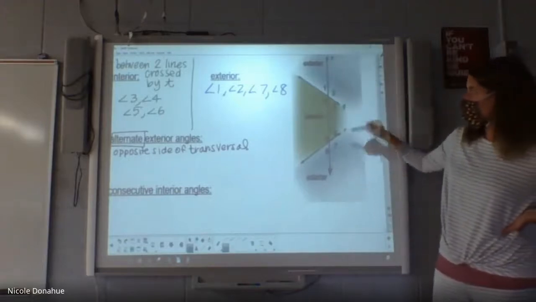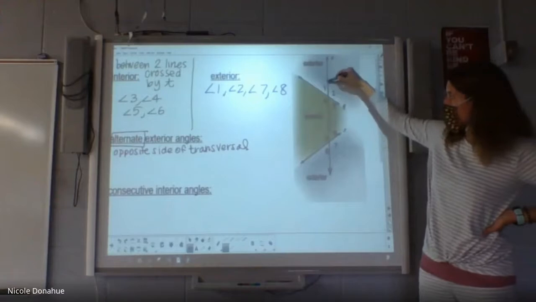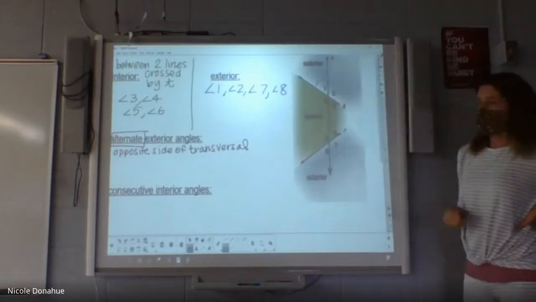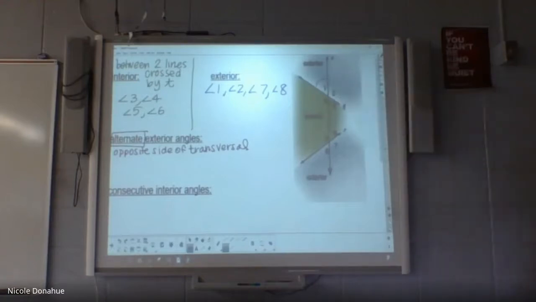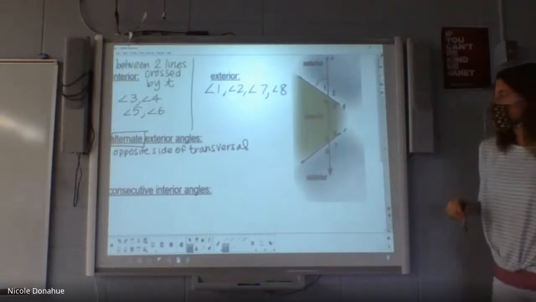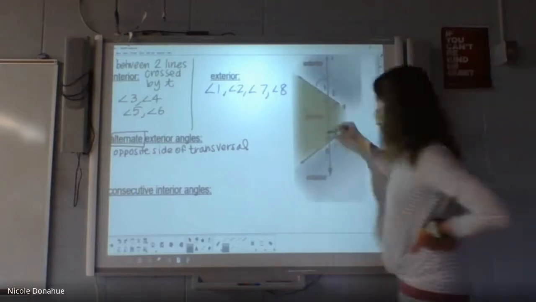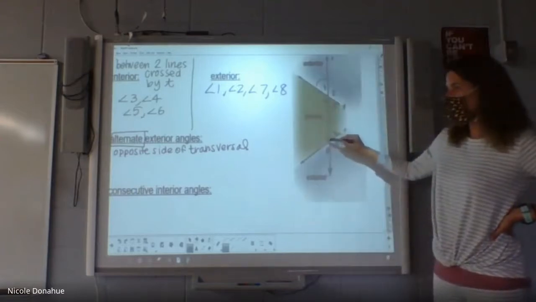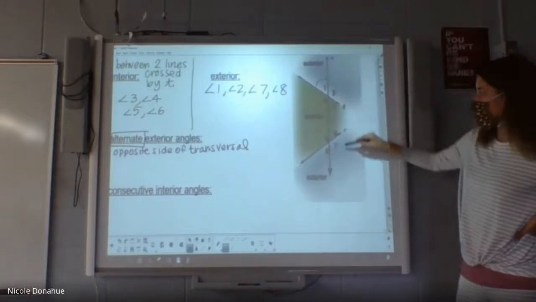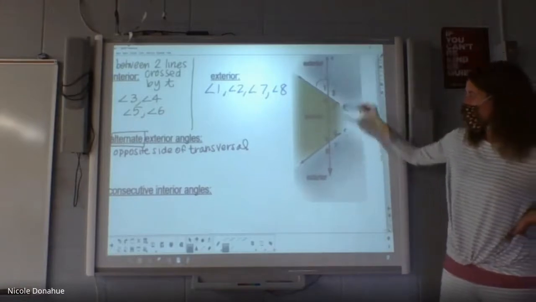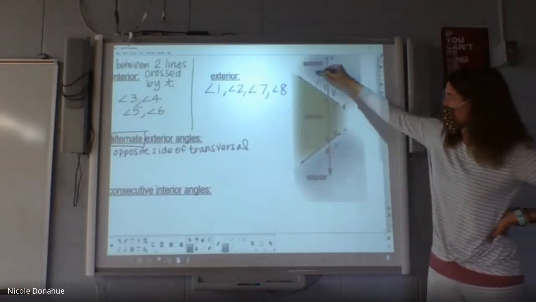So if I'm starting with an exterior angle, angle 1, someone give me the alternate exterior angle with angle 1. Anyone see it? 5 is also an interior angle. So we want alternate, so it's going to be 7, sorry, I'm not clear on that.